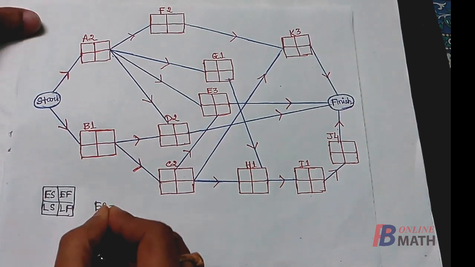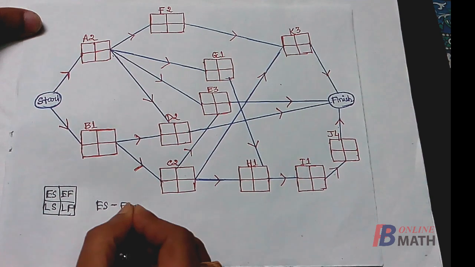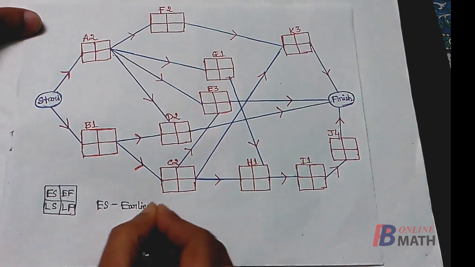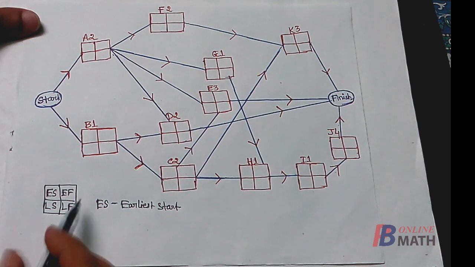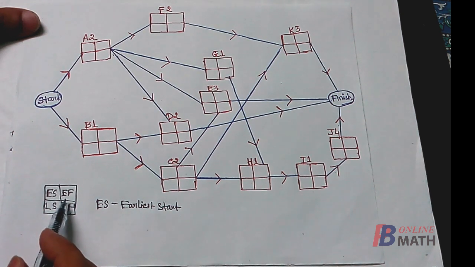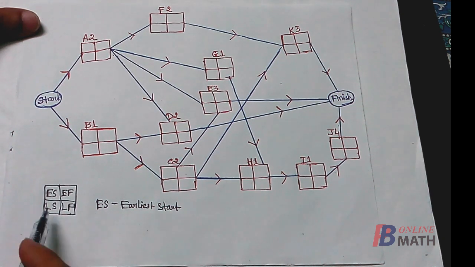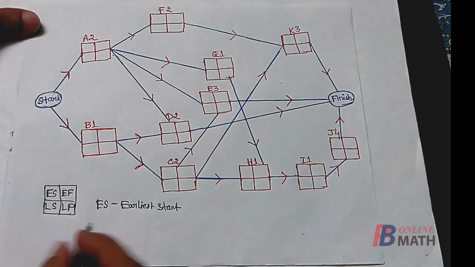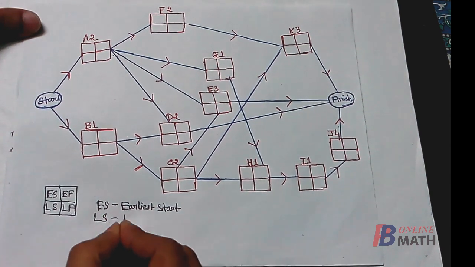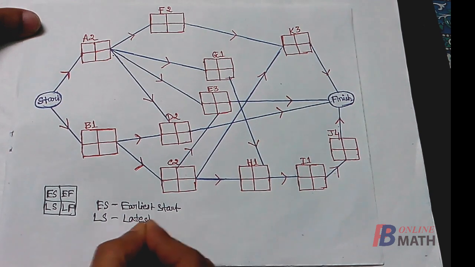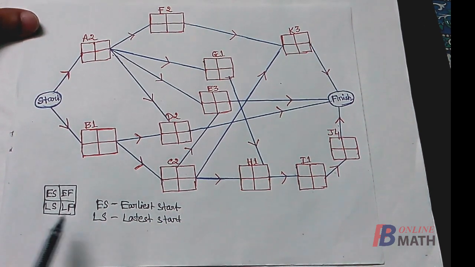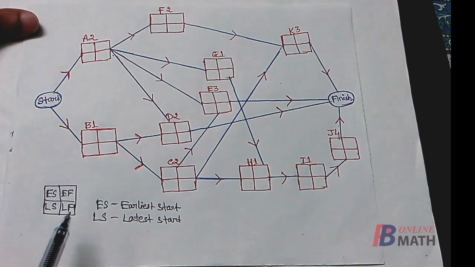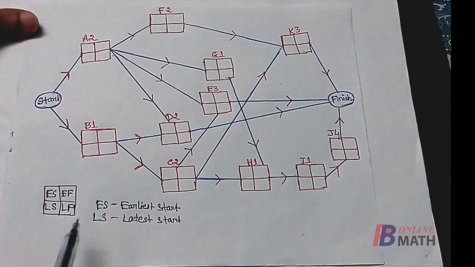So what is the meaning of ES? ES means earliest start time of an activity. EF means earliest finish time of the activity. LS means latest start time of the activity, and LF means latest finish time of the activity.